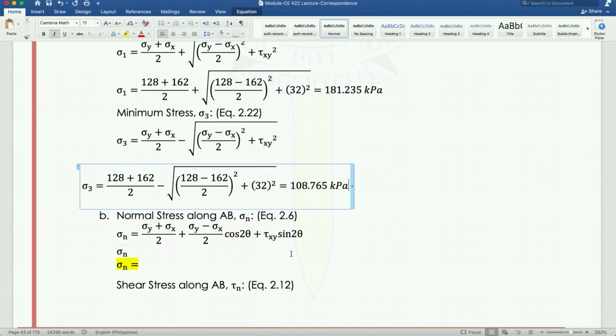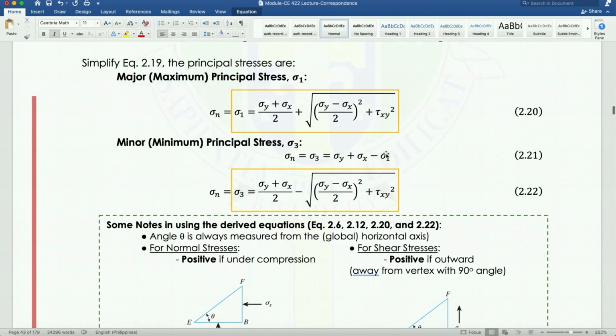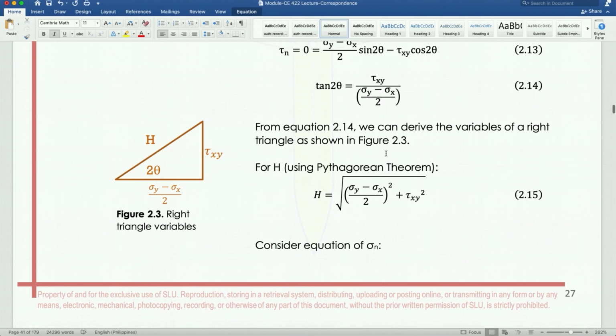Okay, next would be the stress along AB, sigma N. So let us go back to our diagram. This is AB and this is our stress. We want to find the normal stress and the tangential stress. So going back, the formula that we were able to solve would be the first equation.